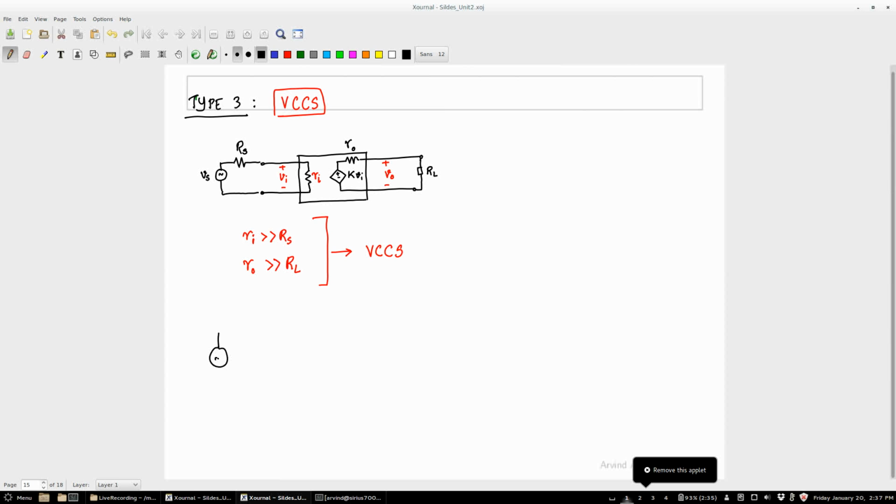What does this mean? This would then make a voltage controlled current source. Right? And how would that look? The ideal version of that would look like Vs, and I have an RL.